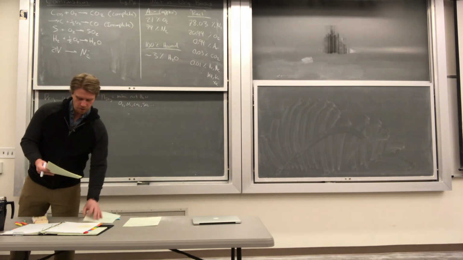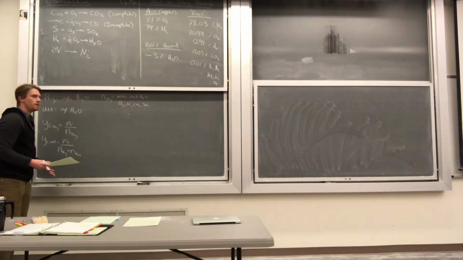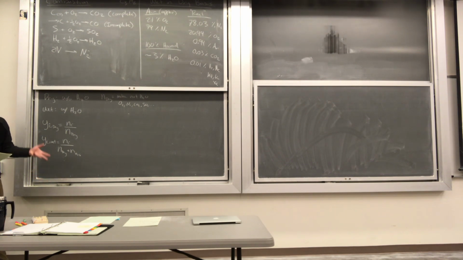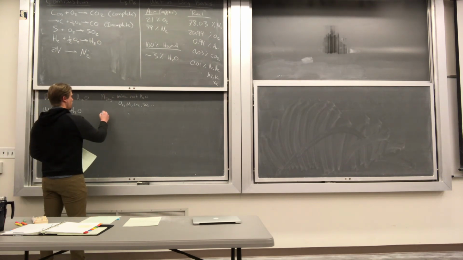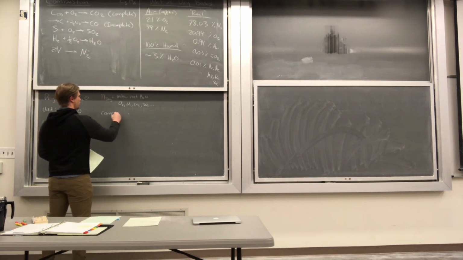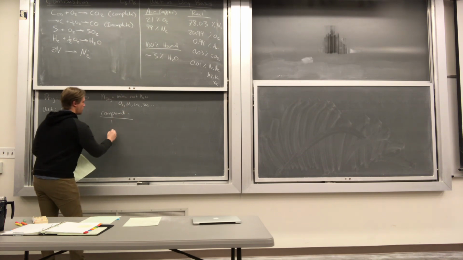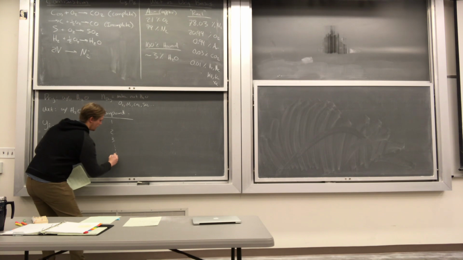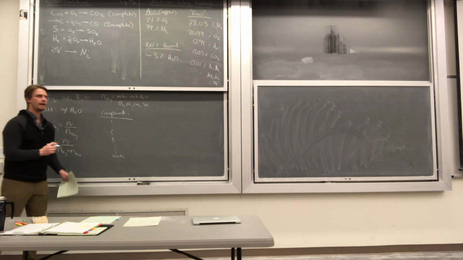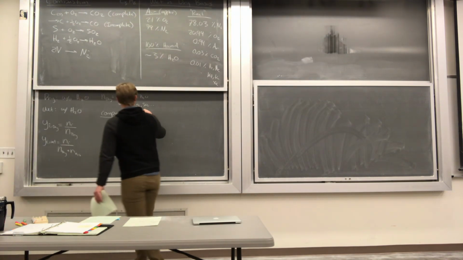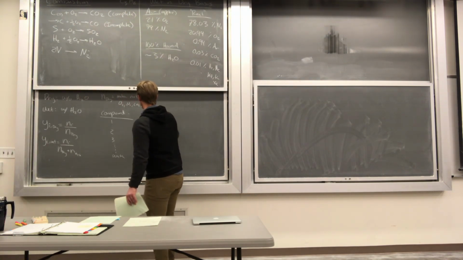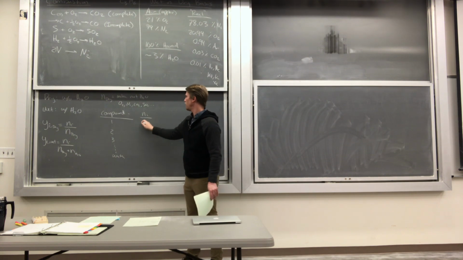The way to convert between a wet basis and a dry basis is we just build a table. We have a table here: compound 1, compound 2, compound 3, and so on, and then water. We have the number of moles of species i, and whatever that composition is.